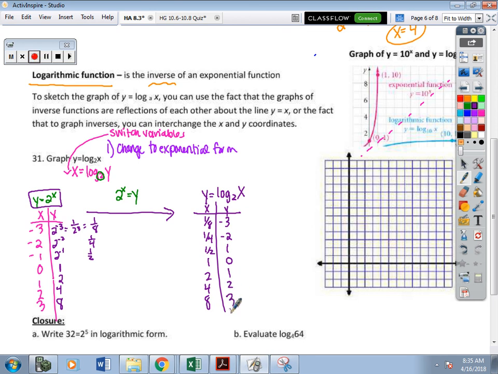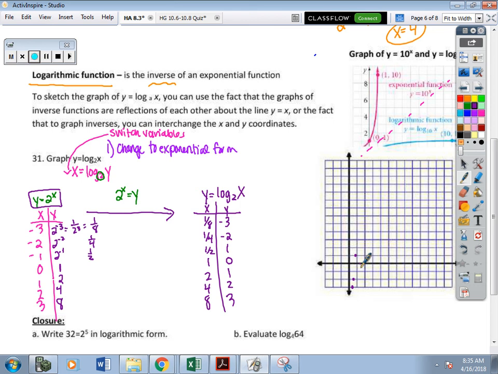So we'll swap our x's and y's. And then we'll plot those values. So 1/8, -3. 1/4, -2. 1/2, 1.